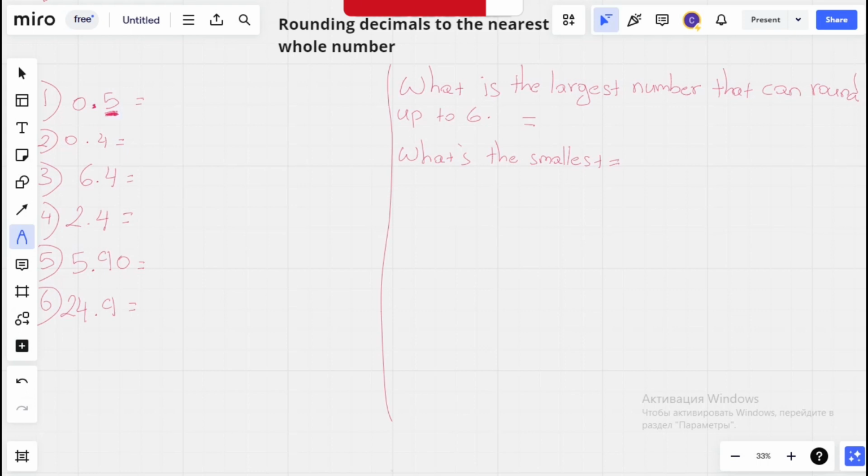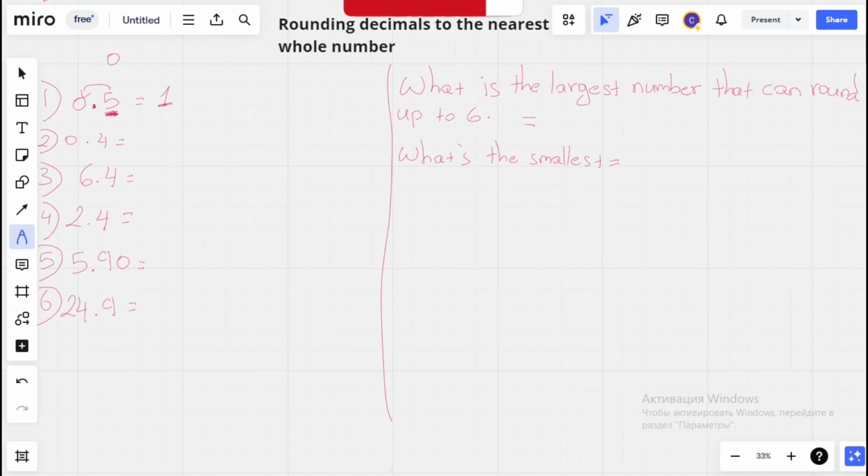It is 5. Now if the number after the decimal is 5 or bigger than 5, then the number that's before the decimal adds 1. So it becomes 1. Okay, you understand? So 0.5 will give 1.